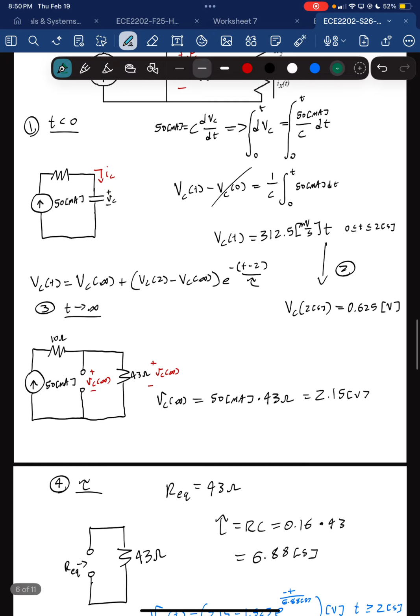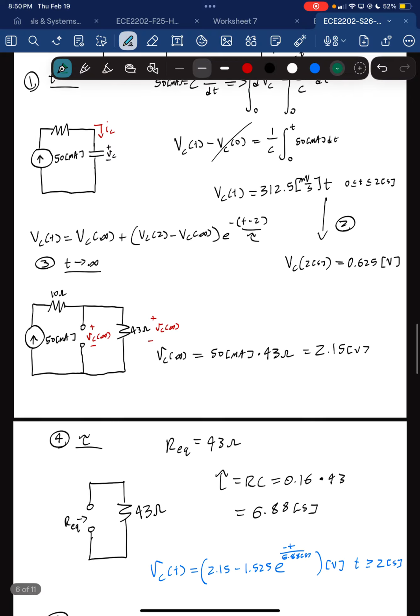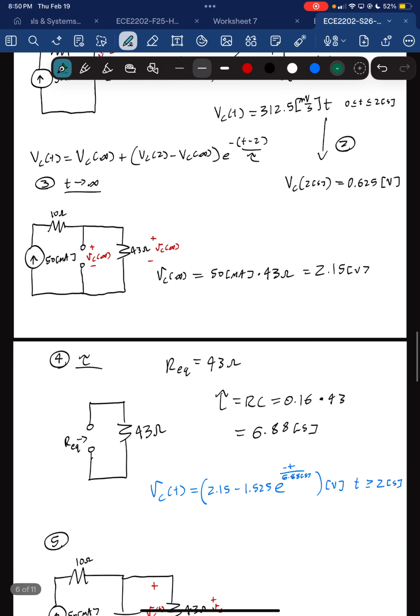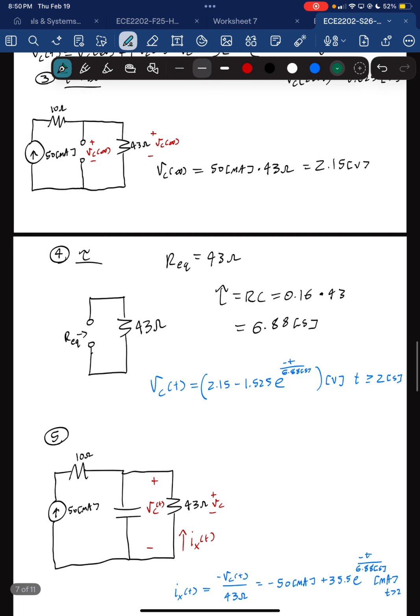Yeah, it's 2.15. R equivalent is 43 ohms. So 43 times 0.16 is 6.88 seconds.